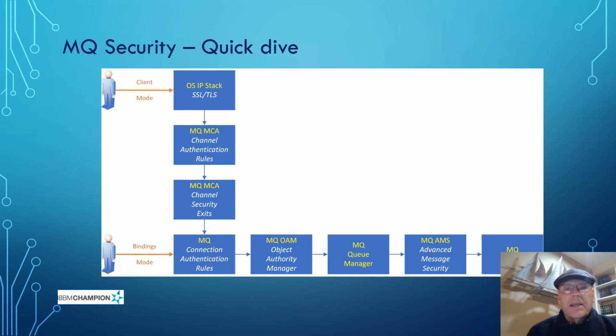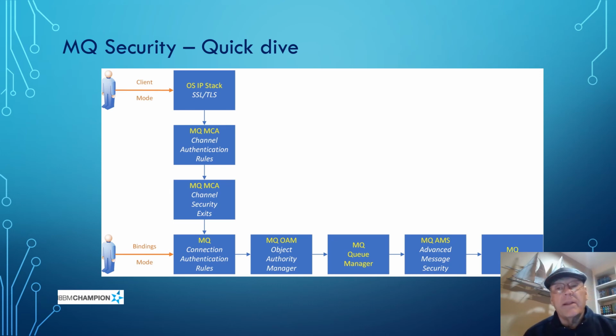And now we're going to say, can you actually have access to these resources that you would like to use? We're going to go into the portion of MQ called the Object Authority Manager, which is your security component, which basically says, okay, I have an authenticated user ID at this point. What is that user ID authorized to do? And then the queue manager is going to pass that request ultimately to the MQ resource, let's say a queue here, so you could read or write a message.